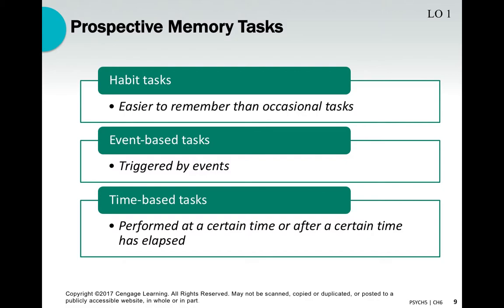It's a time-based task you have to remember. Oh, it's January, I'm going to get my W-2s, and I need to get them turned in by April, because that's what we do in the United States at this time of year, at least for adults. If you work and draw a W-2, that's the time-based task a lot of people are thinking about, prospective memory-wise, at this time of the year.